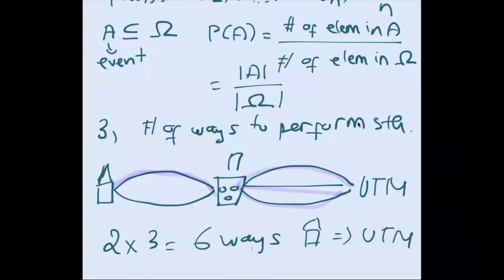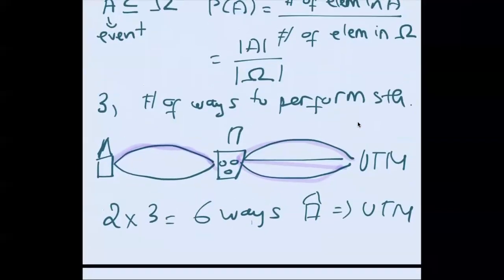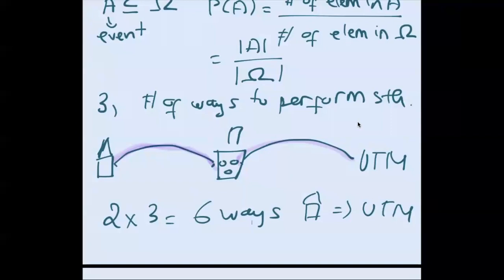Make sure that we use this multiplicative law because for each way in the first step, there are 3 corresponding ways in the second step. You cannot apply the multiplicative law if you have something like, let's see, if I erase this and this.